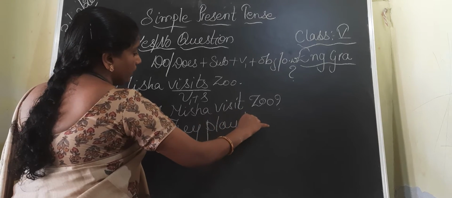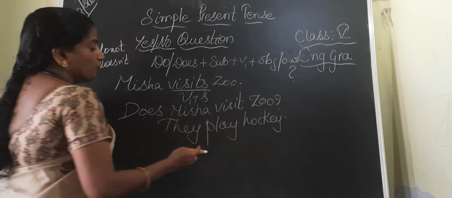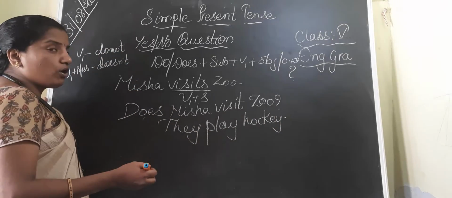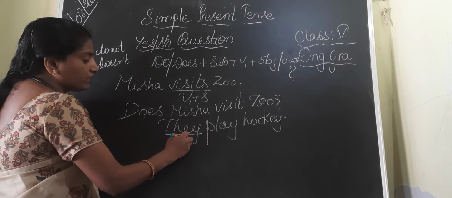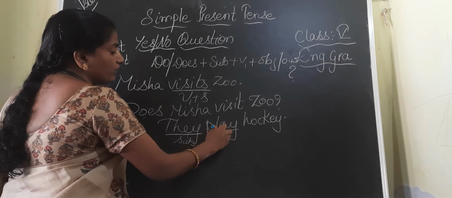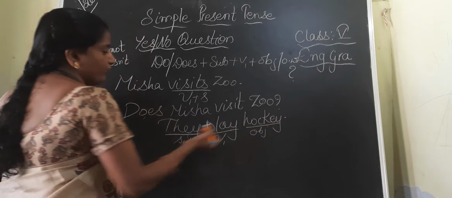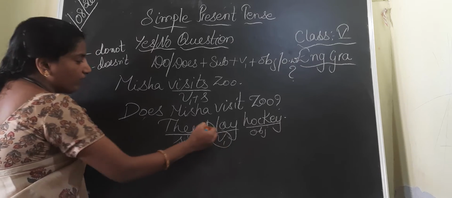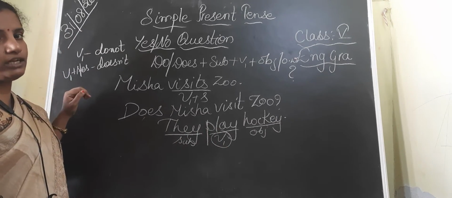They play hockey. As we have learnt in our previous class, whenever we are writing the question form or the negative form, we have to underline the subject, then go for the verb form, then identify the object. According to the given verb, you have to use do or does to write the question form.